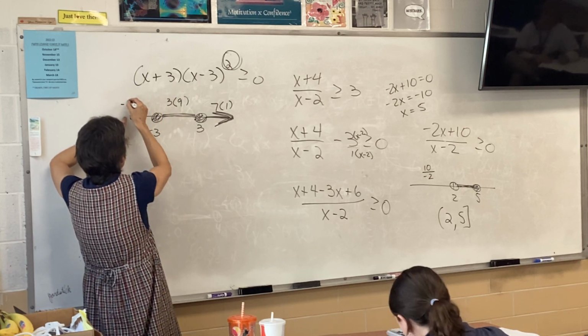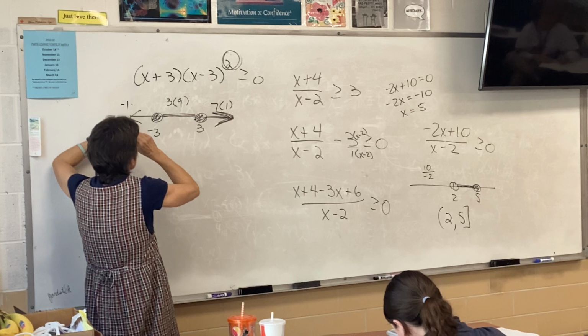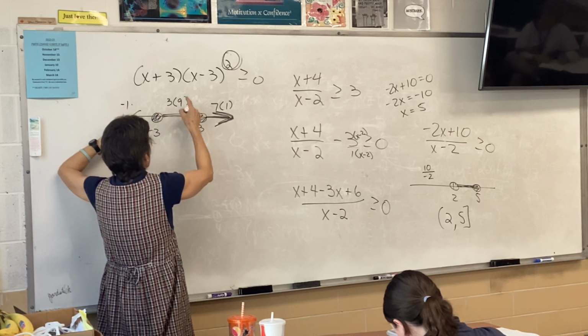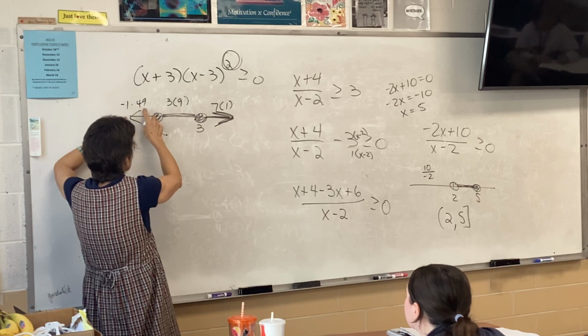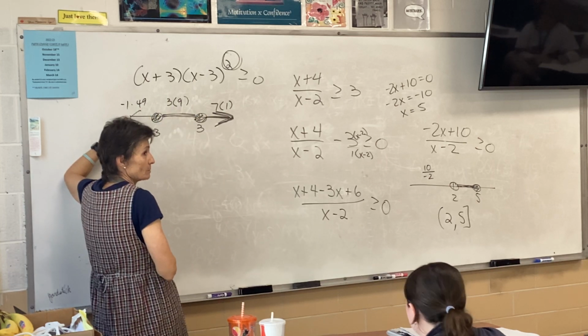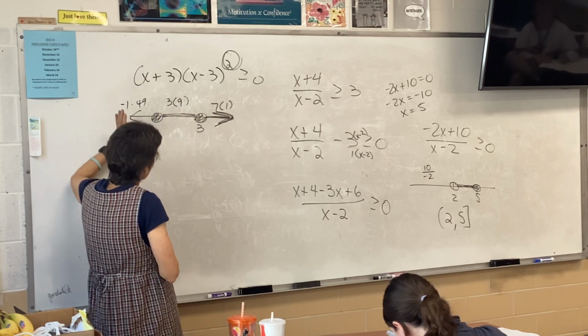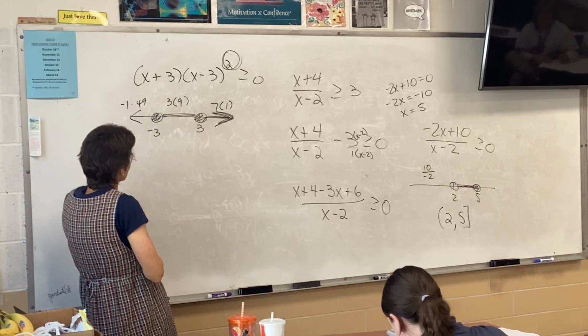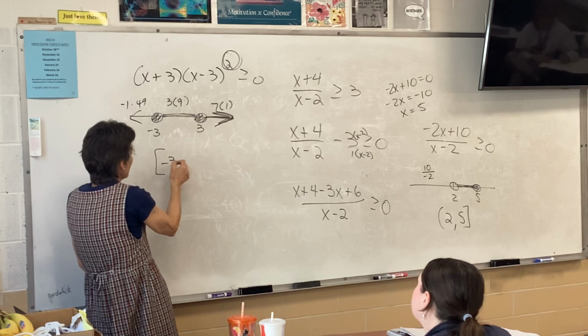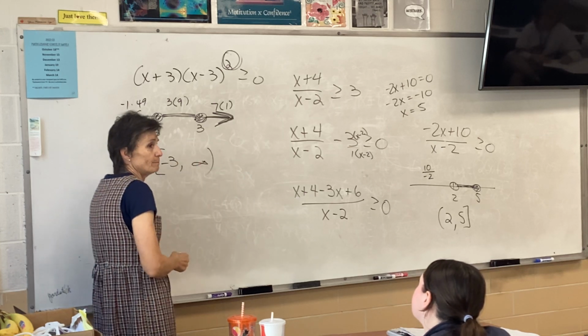Negative 4 would give me negative 1 times negative 4 minus 3, negative 7 squared, 49. Is negative 1 times 49 bigger than 0? No. So everything that's shaded is my answer. It looks like I start at negative 3 and go all the way, right?